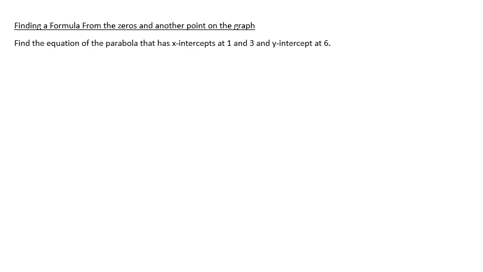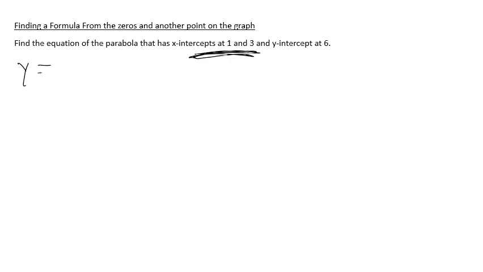And then the last thing we're going to talk about is finding formulas, the formula from the zeros and another point on the graph. So we have an equation of a parabola that has x-intercepts 1 and 3. Those are zeros, also remember, and a y-intercept at 6. So the form that I'm going to use to write my equation, I'm going to start from factored form.